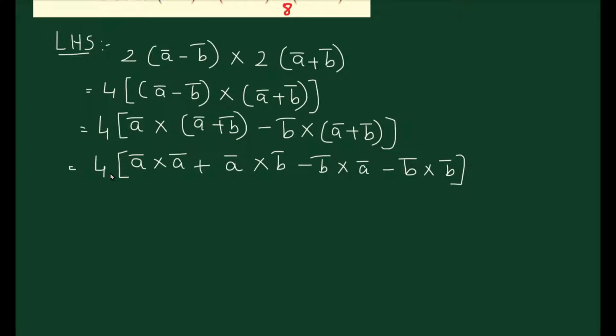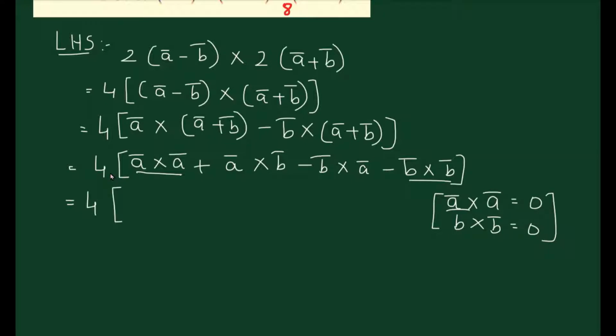Now remember, every vector is parallel to itself and the cross product of two parallel vectors is 0. So a cross a gives us 0, b cross b is also 0. So let me just write it here for you, just for your reference. Therefore we get 4 times a cross b, and minus b cross a can be written as plus a cross b.